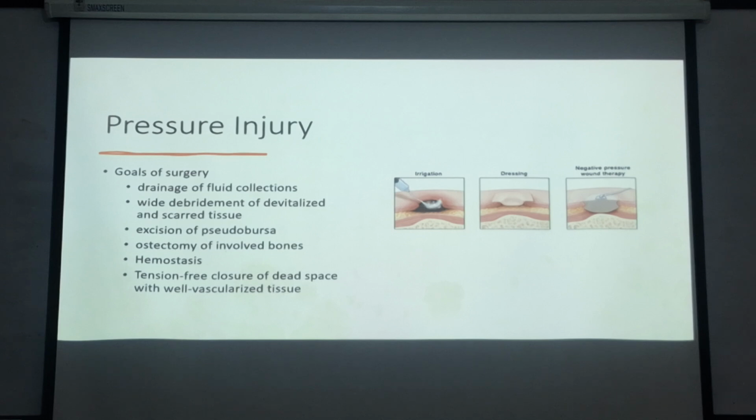Now, for closure of the wound, the most common approach is just to wait for it to granulate. However, there are some scenarios wherein it would be better to do primary closure, or maybe put a biological dressing like a skin graft, for example. Okay?